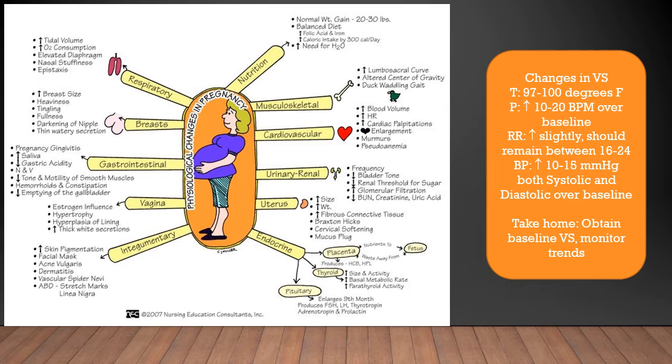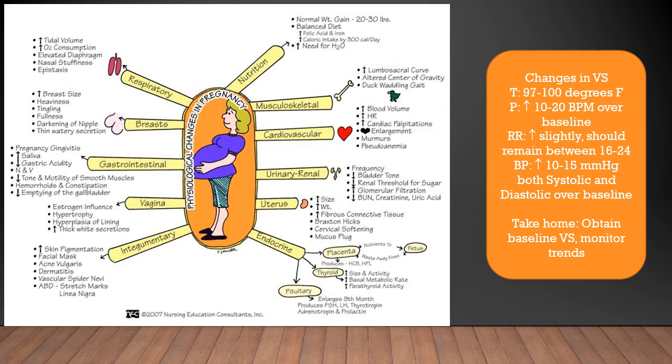Some changes that I want to point out physiologically. For the reproductive system, there's breast enlargement, areola darkening, lactation, cessation of menses, uterine stretching, and the formation of a mucus plug. Cardiovascular system increases in volume, heart rate, cardiac output, stroke volume, basal metabolic rate, white blood cell count, and plasma, which causes a dilutional anemia.